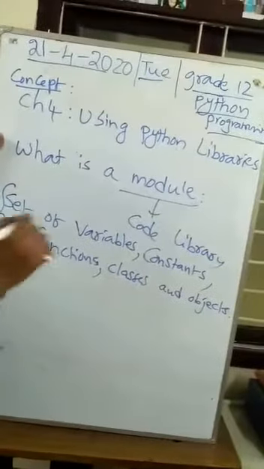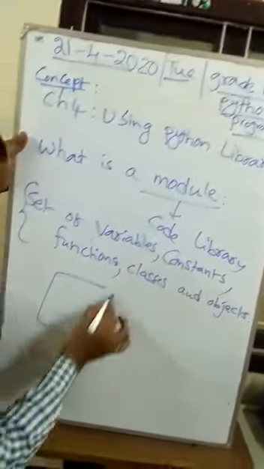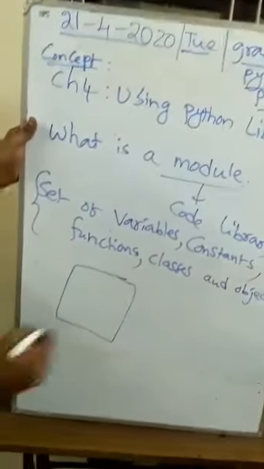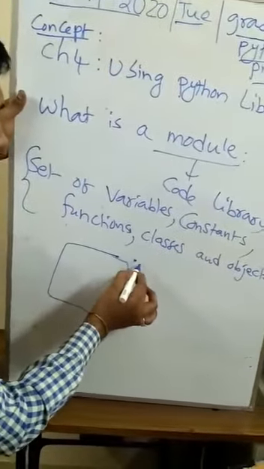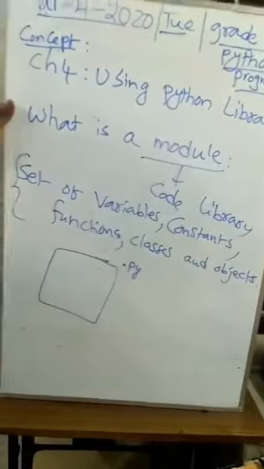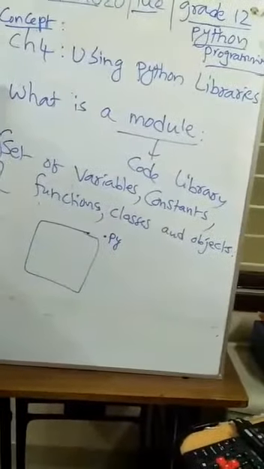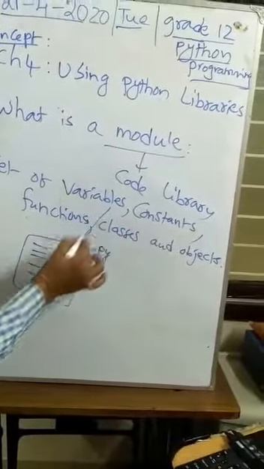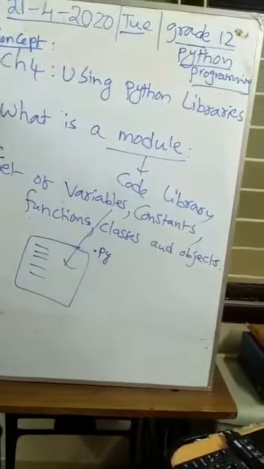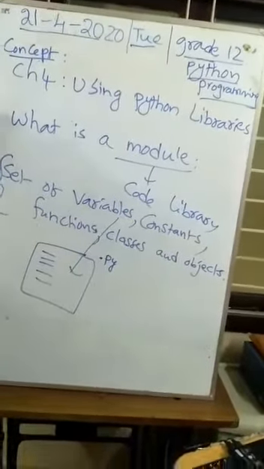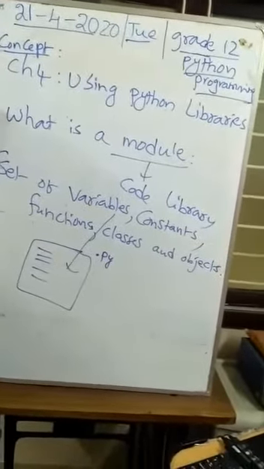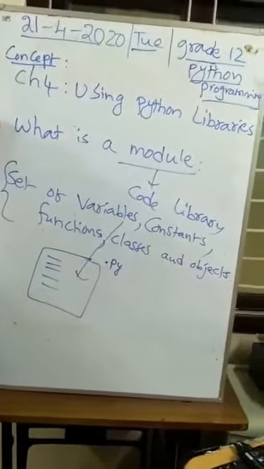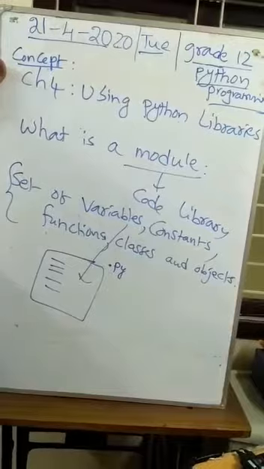We write modules in an individual file, and that file is saved with the extension .py. Dot py means Python file. So first we create modules by using this concept.